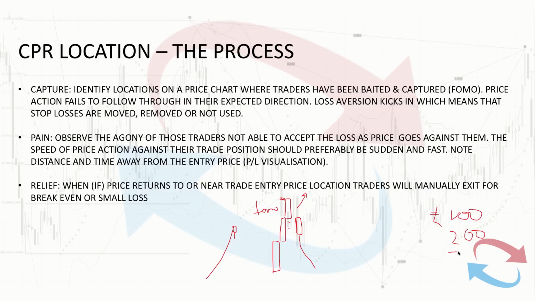Now it's gone to minus 300, right? The further down it goes, their inability to take a loss is very, very painful. For them to realize this loss is going to be so painful, so they're hoping and praying that prices are going to come back to this level.